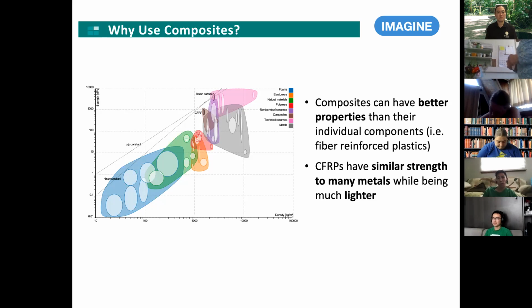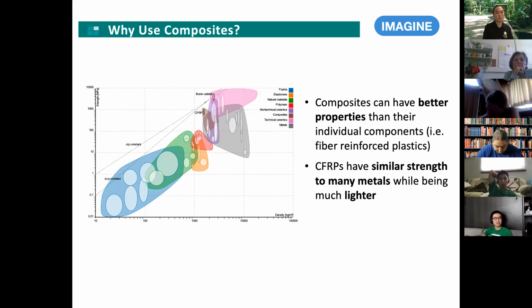This chart shows a bunch of different materials, with the y-axis being the strength of the material and the x-axis the density. You can see carbon fiber, this brownish color, is stronger than a lot of metals but still a lot less dense.